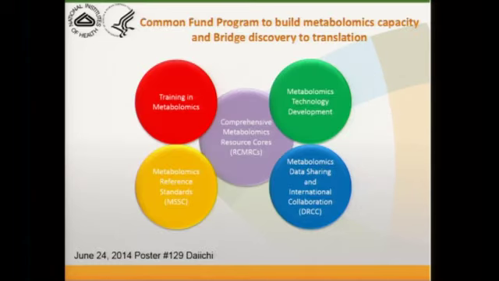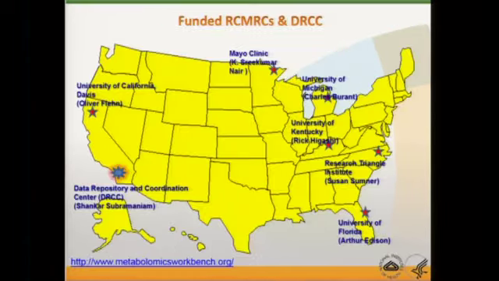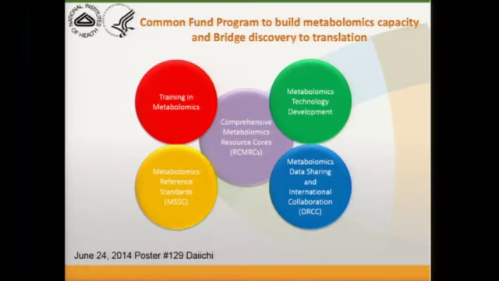And at the core we have the Regional Comprehensive Metabolomics Resource Cores, what we call RCMRCs. They make up the nucleus of the whole consortium. And other programs like technology development, training, or the reference standards are very complementary to what the comprehensive cores are doing, and there is a lot of synergy among these things.